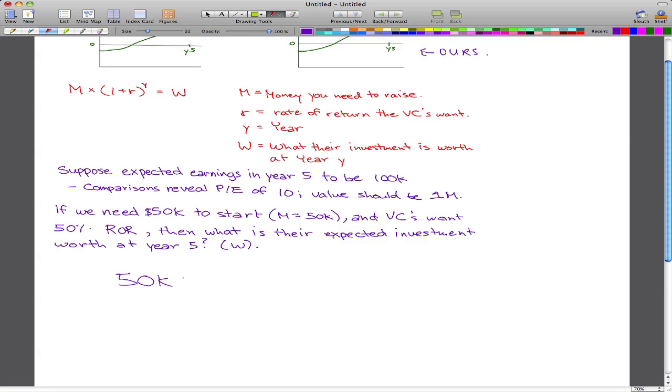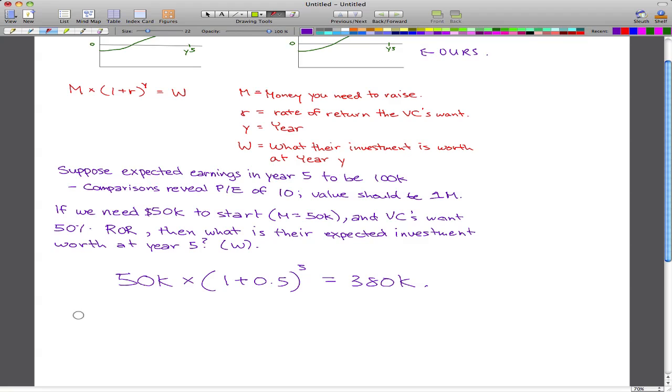And our ROR, what the VCs want, is a 50% rate of return, 0.5, over a span of 5 years. So what their expected investment is worth at year five is actually 380K.